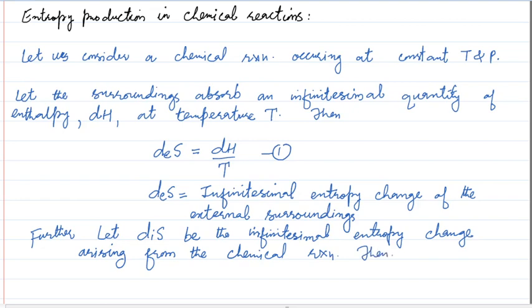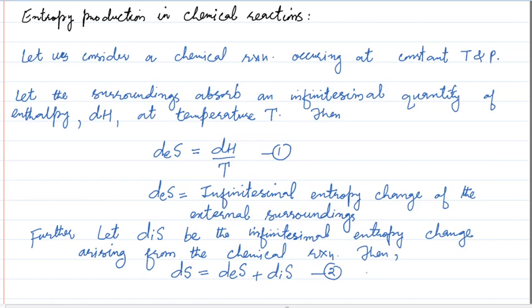Then we know from the previous knowledge that the total entropy change of the system can be split into two terms, that means dS is equal to dS_E plus dS_I. This is equation 2.